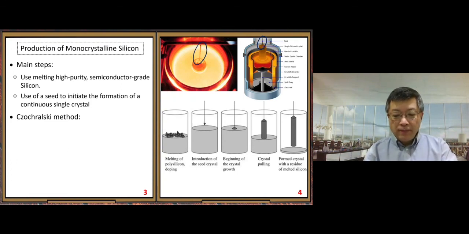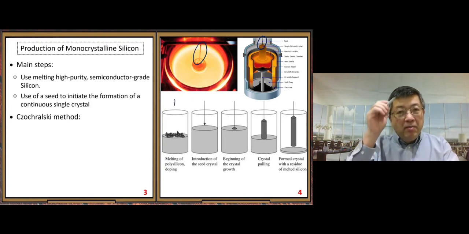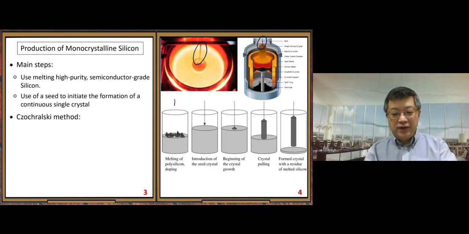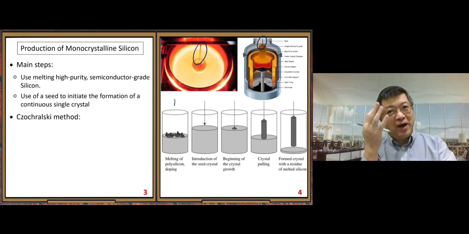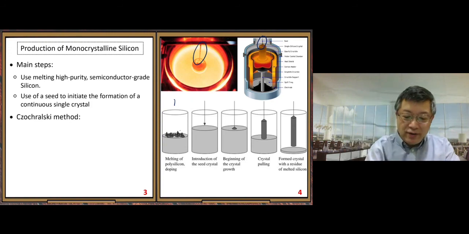The first one, look at this picture. The first step is melting of polysilicon and doping. First we use polysilicon and we melt it. Then we do doping. So look at these things.